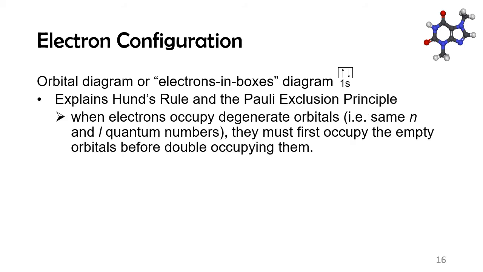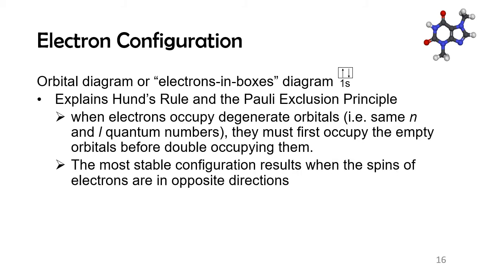Hund's rule states that when electrons occupy degenerate orbitals, they must first occupy the empty orbitals before double occupying them. The Pauli exclusion principle states that the most stable configuration results when the spins of electrons are in opposite directions. Let's use fluorine as our example.